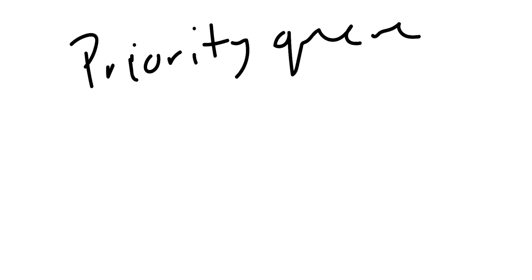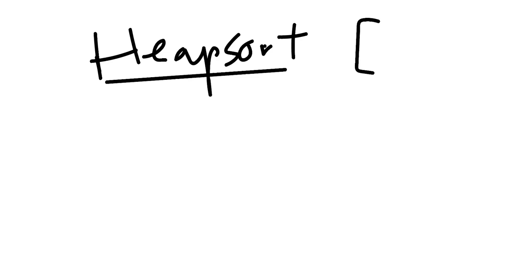Okay, anyway, one last thing we want to talk about is Heapsort. Heapsort is a sorting algorithm, and what Heapsort does is, say we have some list. It has elements, and we want to sort this list. What do we do to sort that list?